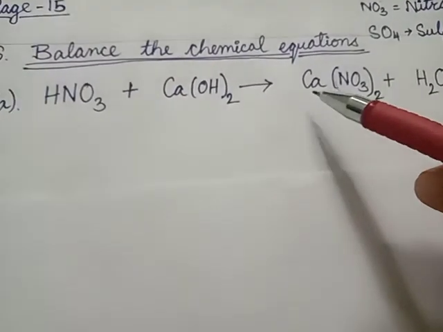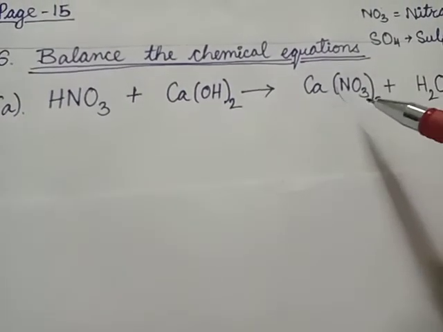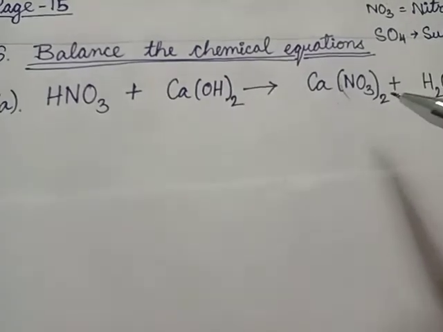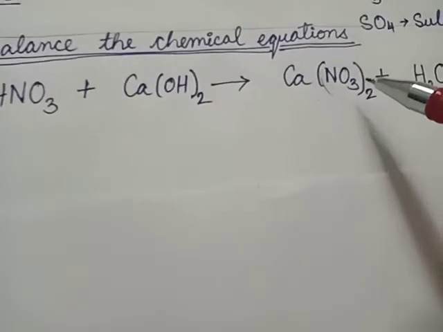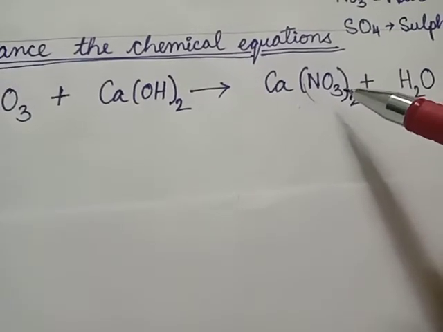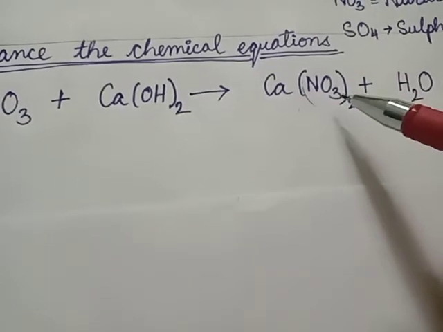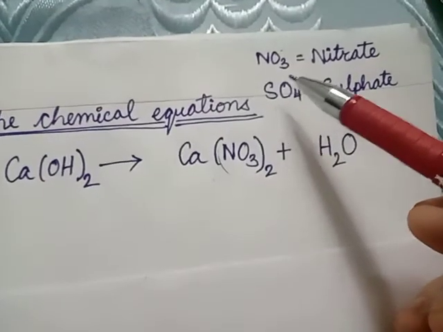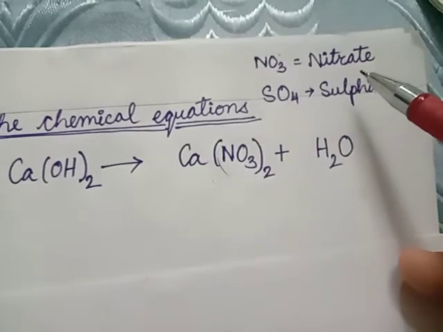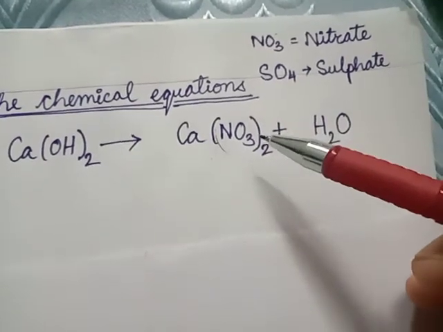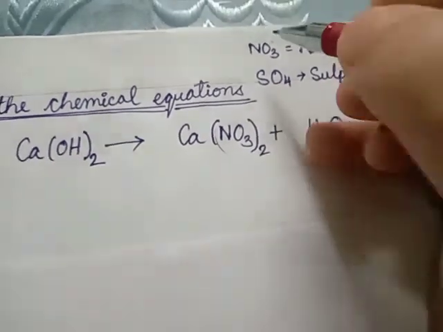Now in Ca(NO3)2, that is calcium nitrate, here NO3 is called a nitrate group and it is a compound radical. It is a group of atoms with a charge.